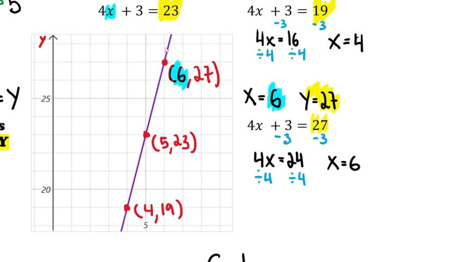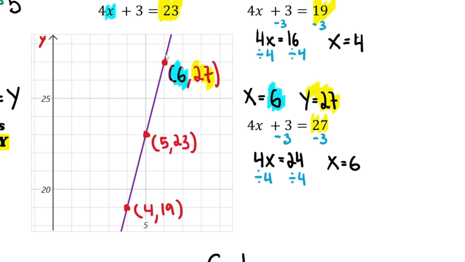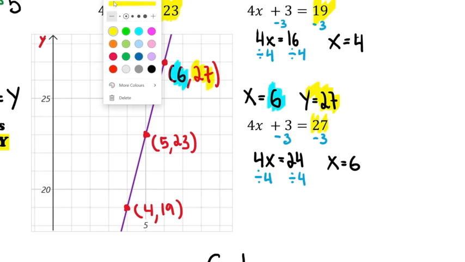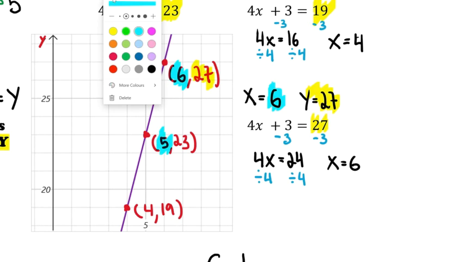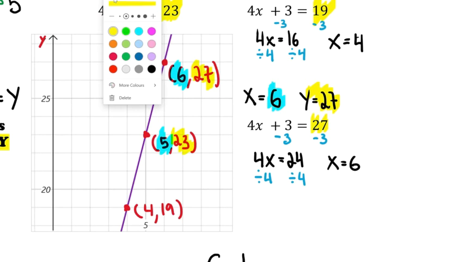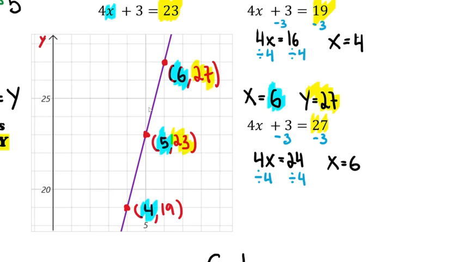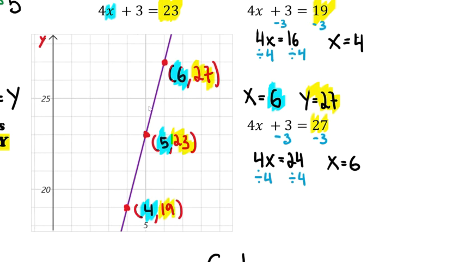When x is 6, y is 27. And just like we did earlier, when x is 5, y is 23. And just like how we did at the very beginning, when x is 4, y is 19.